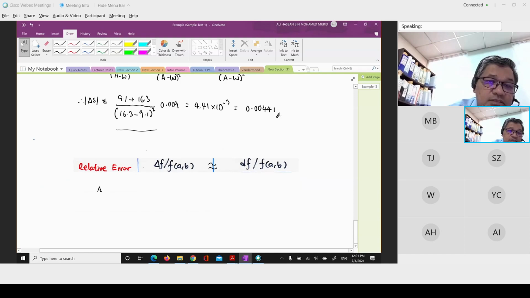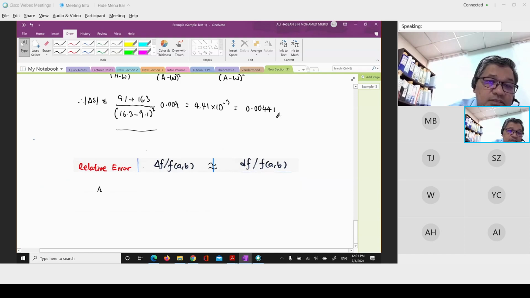We have already found delta S previously, it's 0.00125. What is S equal to?